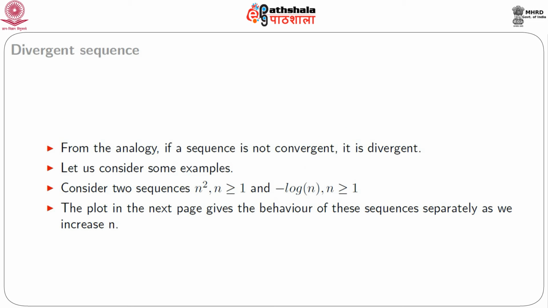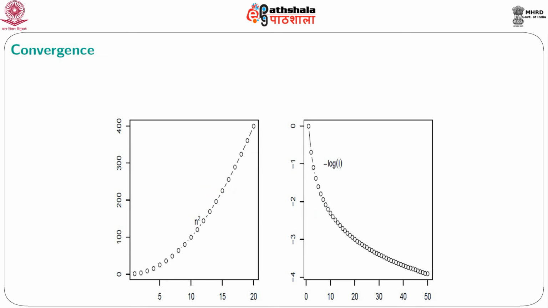Next, we shall introduce the concept of a divergent sequence. From the analogy, if a sequence is not convergent, it is divergent. So let us consider some examples. Consider two sequences, n square and minus log n. We have plotted these sequences against different values of n, and they are given in the next page. First, consider the behavior of the sequence n square.